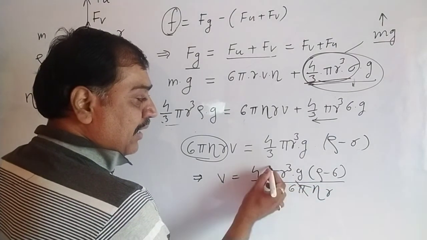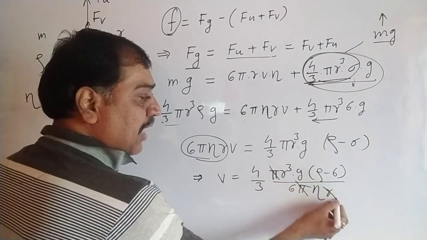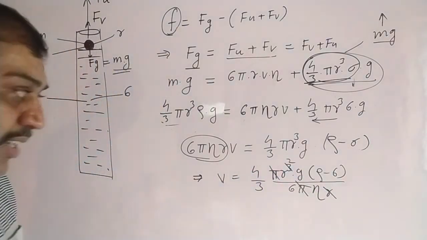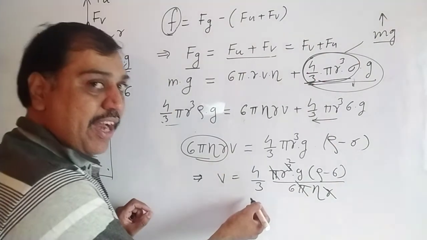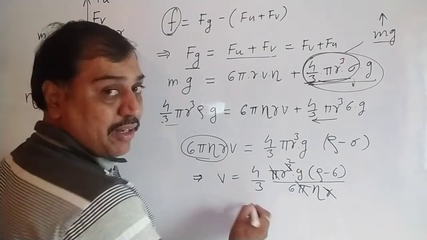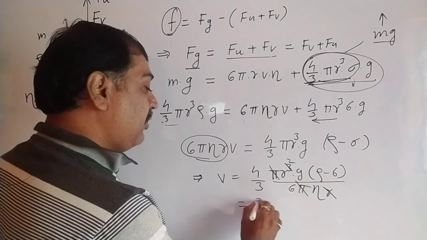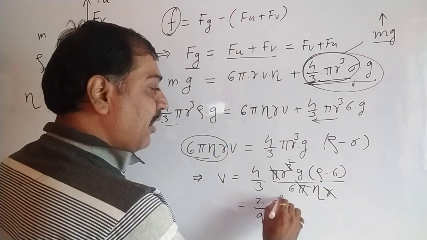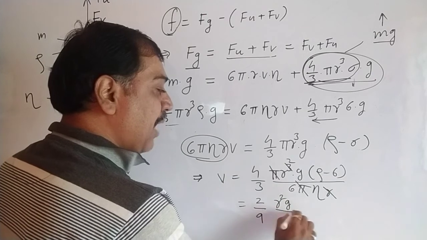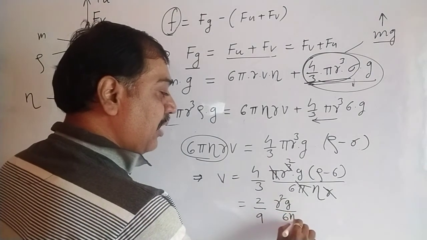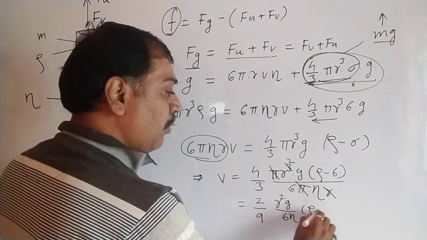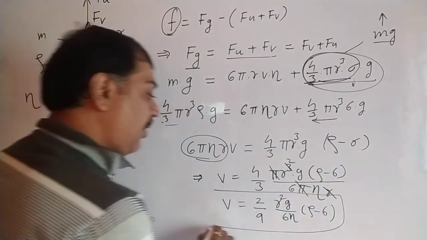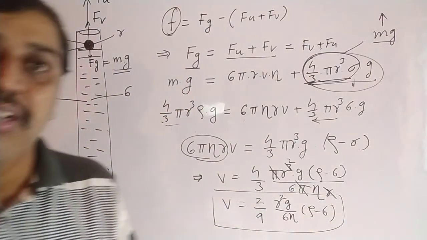So this π gets cancelled with this π, this r gets cancelled with the cube, it becomes square here. 6 comes here, 6 threes are 18, so it becomes 2/9. So finally, what we get is 2/9 r²g by η into (ρ − σ), and that is v, and this velocity is said to be terminal velocity.